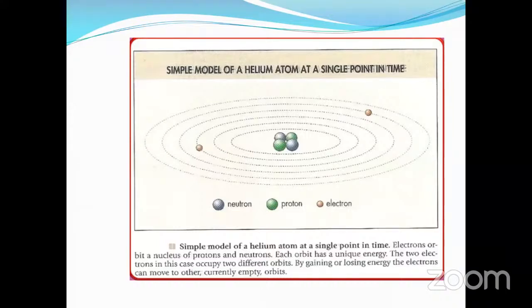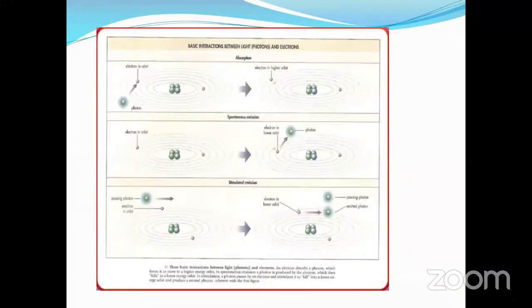By gaining or losing energy, they can come down or go up. Here, the electron is in orbit, and it absorbs light and goes to the next level. Or it can just emit energy and go to a lower level. That is also possible. Or we can stimulate the electron in the orbit and ask it to move to a lower orbit, thereby emitting photons.